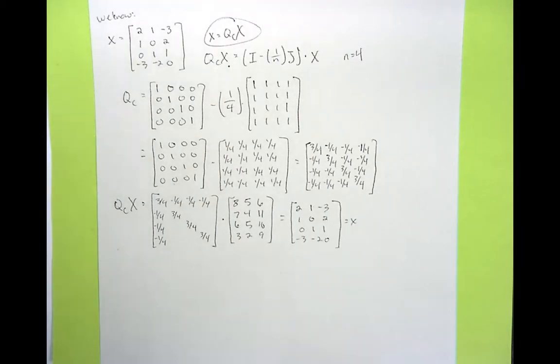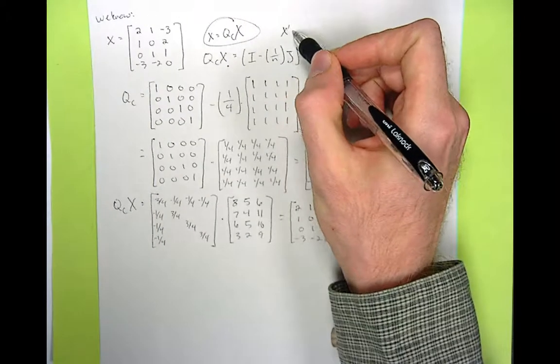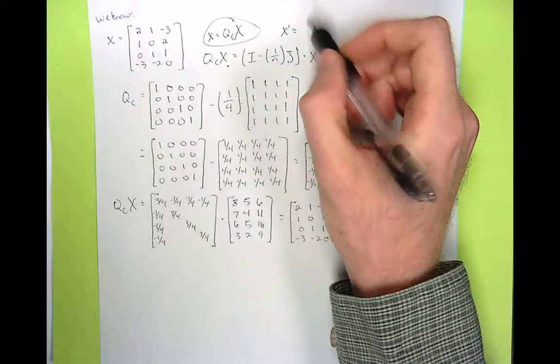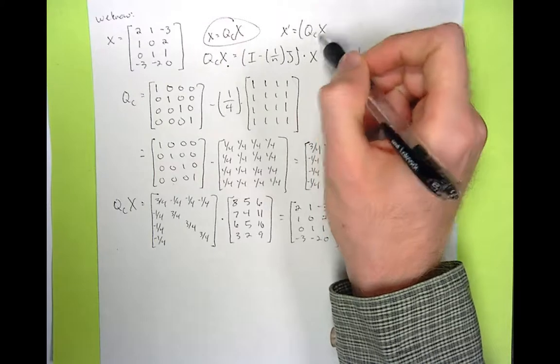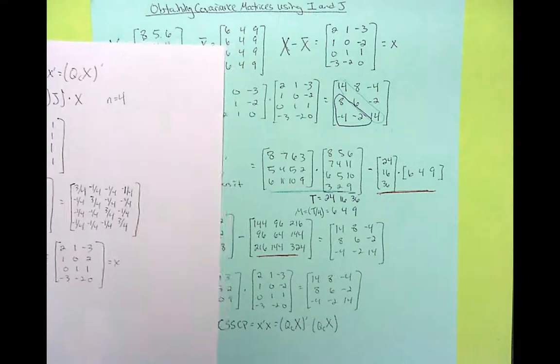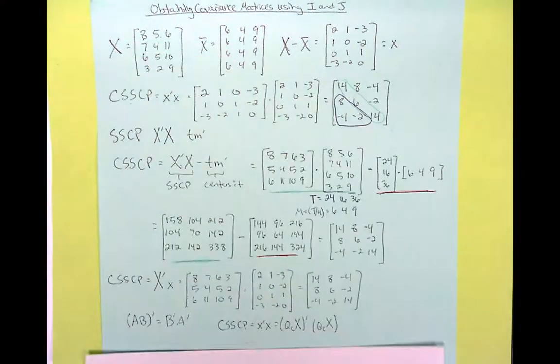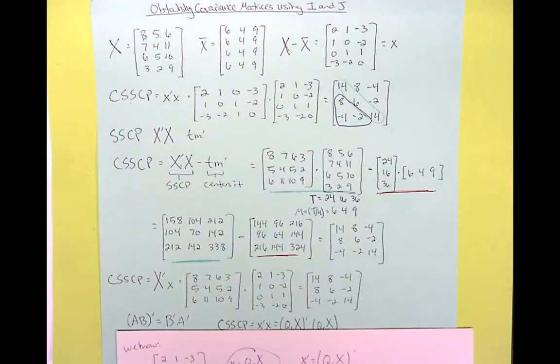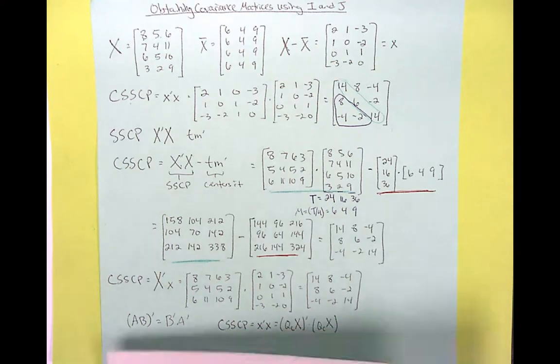And as a matter of fact, x transpose does equal the centering matrix times the raw data matrix x, transpose of that. Okay, so I'll just slide this over. Let's make the connection. Let me move this up.